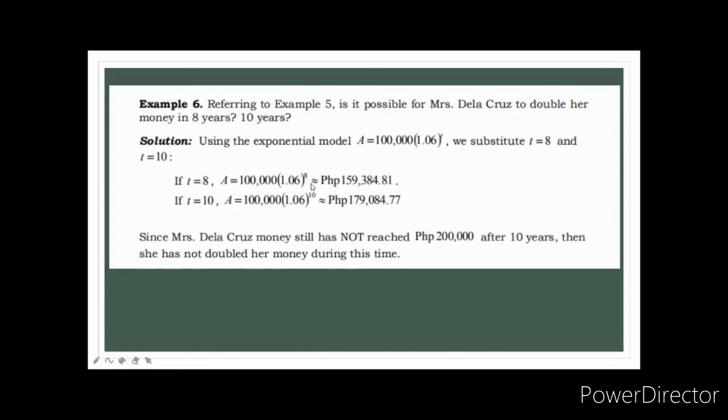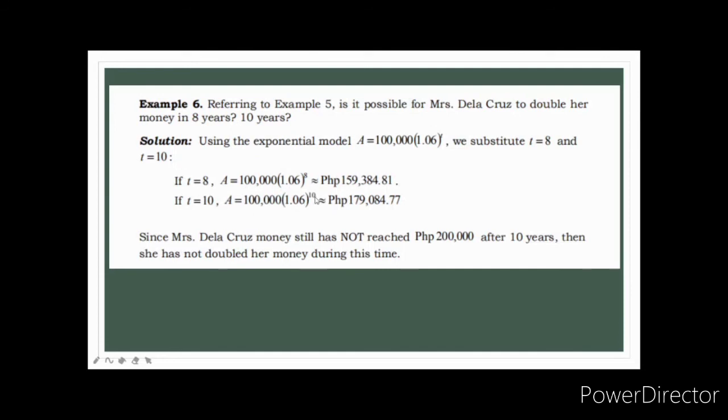That is more or less equivalent to 159,384.81. That is for 8 years. Now let's solve for t equals 10, for 10 years. So A is equivalent to 100,000 times 1.06 raised to 10.